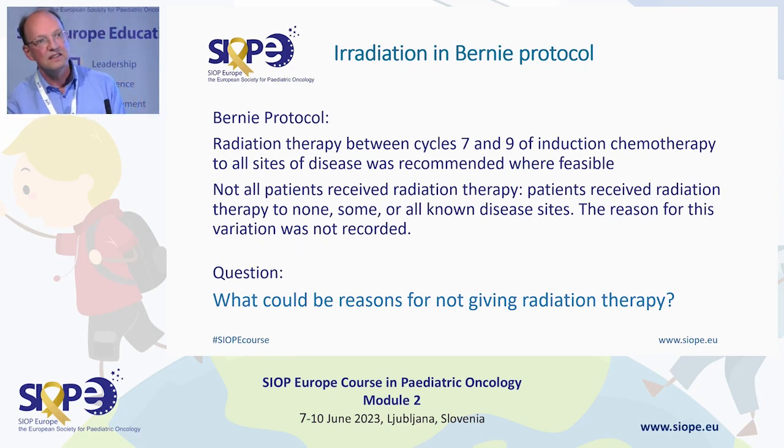Other local treatment to decide. If the patient was in complete remission? Site of the primary, if it's not eligible for radiotherapy. So what would you advise then, when to give radiotherapy or not?